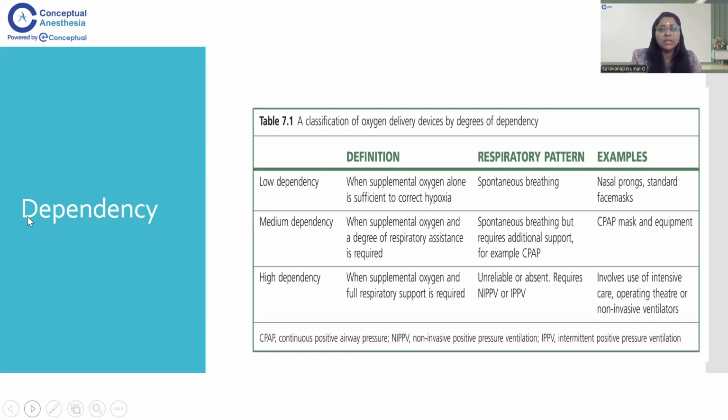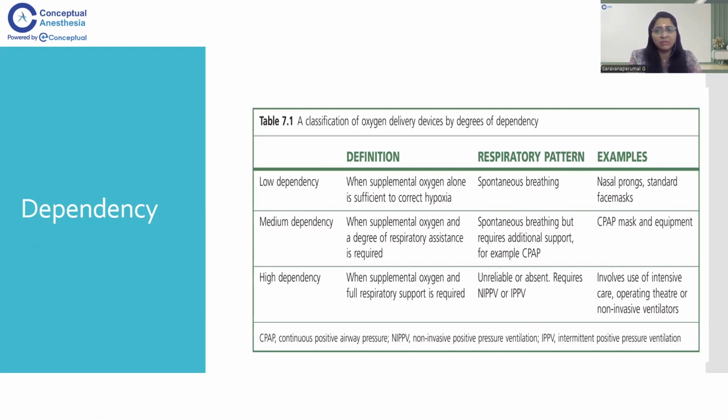So depending upon the extent to which the patient depends upon the oxygen delivery system to correct their hypoxemia, it is first classified as a low dependency system. When supplemental oxygen alone is enough to correct the hypoxemia, as when the patient is breathing spontaneously in a postoperative ward and is having hypoxemia, in most patients we do not require a CPAP to provide adequate oxygenation.